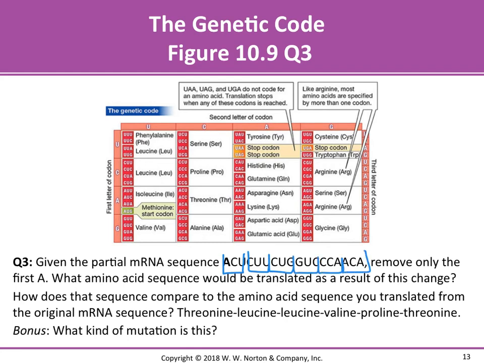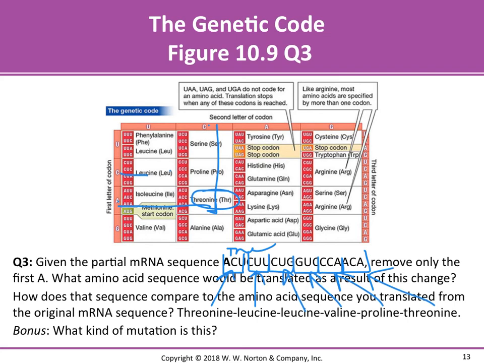So with that ACU, A, go over this way, C, go down, U, threonine. So that's 3. CUU. So let's go C over U, U, that's leucine. Right? Here it is. It did it for us. There's another leucine. There's valine. There's proline. There's threonine.